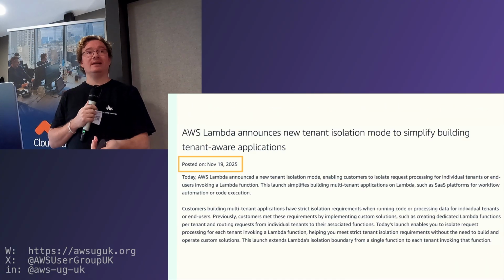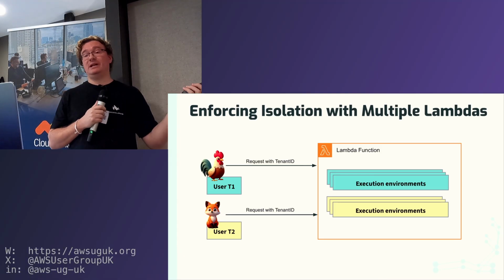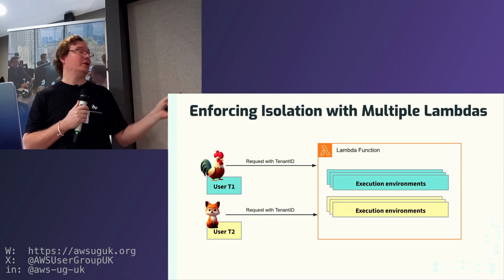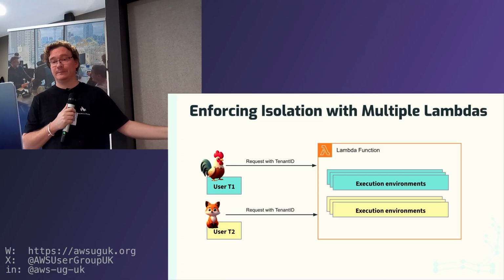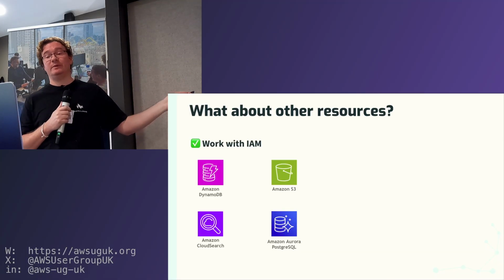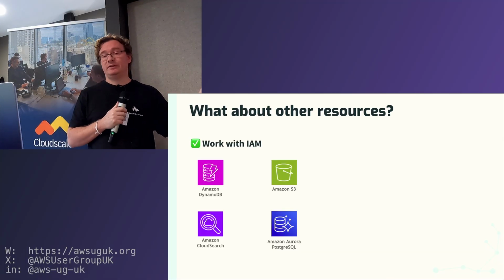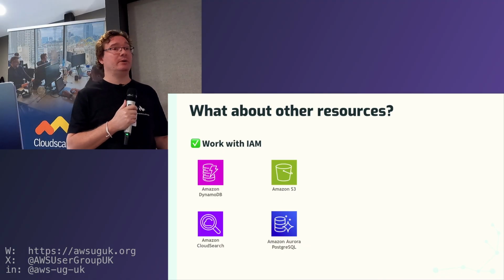And then last year, just before reInvent, AWS released tenant isolation, where you just send a parameter, and Lambda itself handles that for you. What about other resources? We looked here at DynamoDB, but if you're using S3 or CloudSearch, you can do something very similar, the same approach.